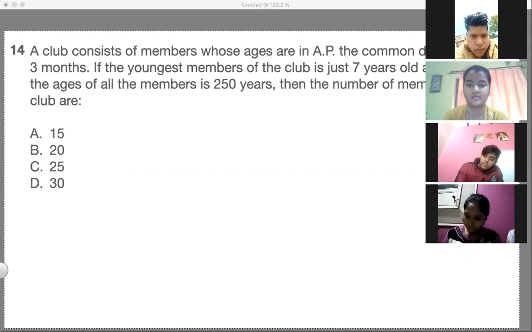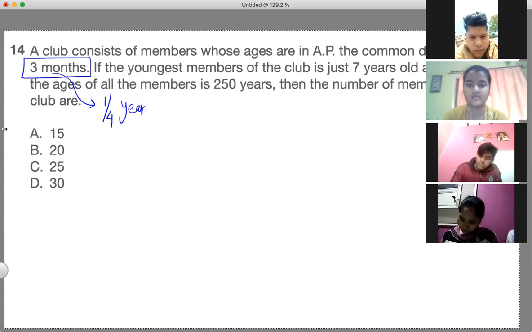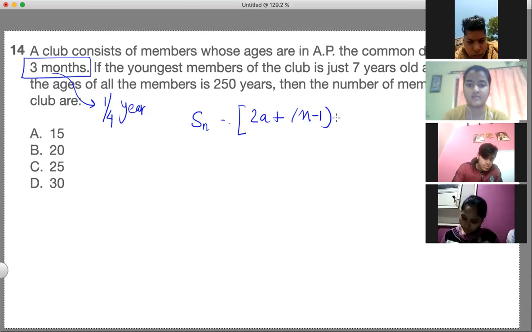There should be no difficulty in doing this. The only thing you should take care of is that 3 months should be written as 1/4 of a year. After that, it is the formula Sn is equal to n by 2 into 2a plus n minus 1 d. Okay, so let's put that.